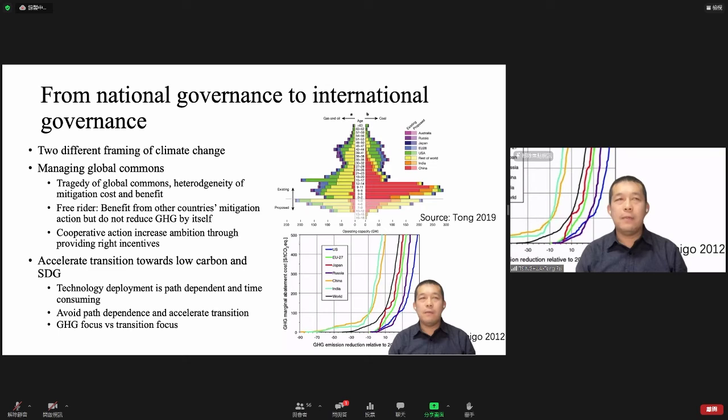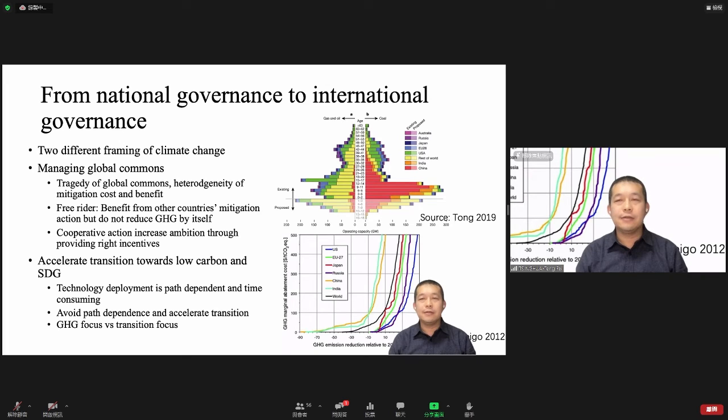And the problem of the commons is the so-called tragedy of the global commons, which means that because there is no ownership of these global goods, countries tend to overuse those public goods. They emit too much greenhouse gas into the atmosphere. That is the tragedy of the global commons.